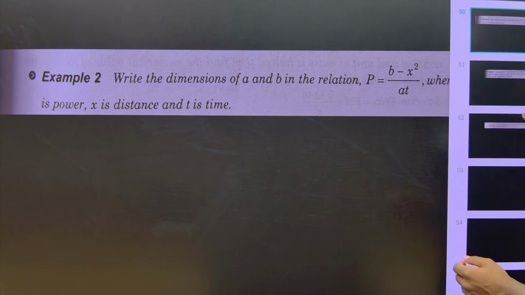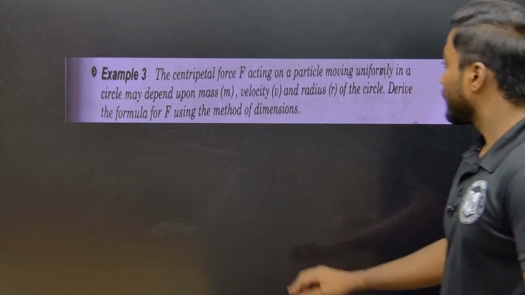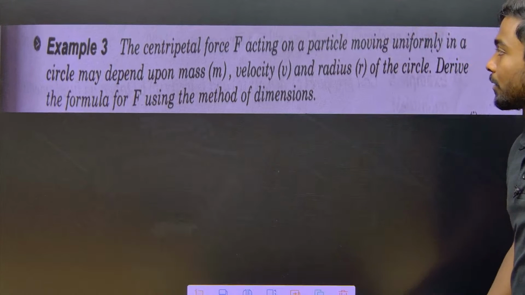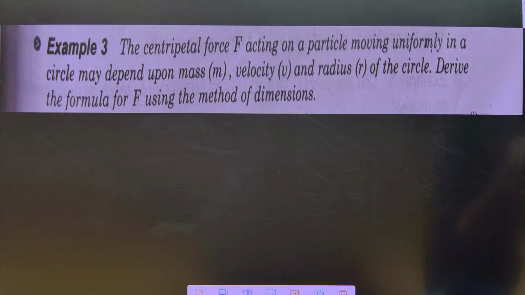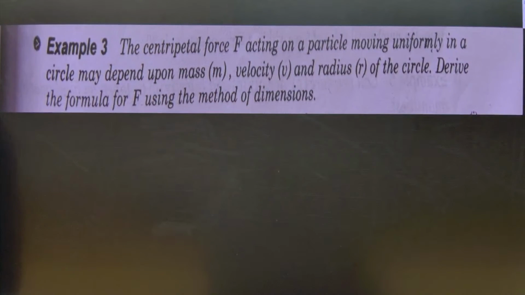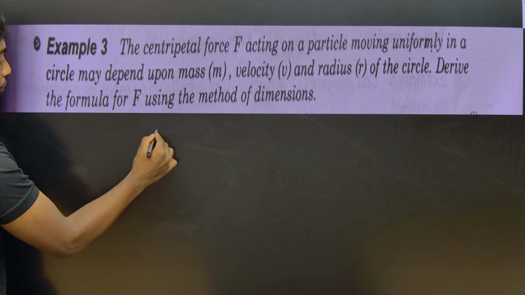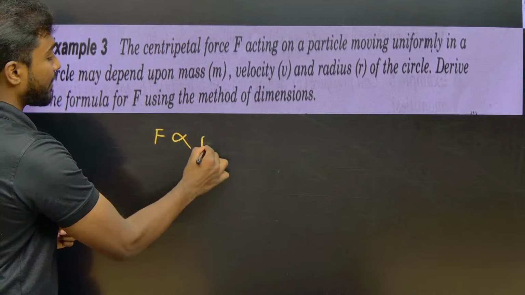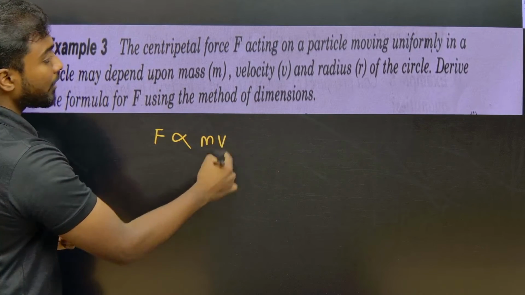So example 3, the last question. A centripetal force acting on a particle moving uniformly in a circle may depend upon mass. Similarly, what they are saying is force is directly proportional to, depends upon, mass, velocity and radius.